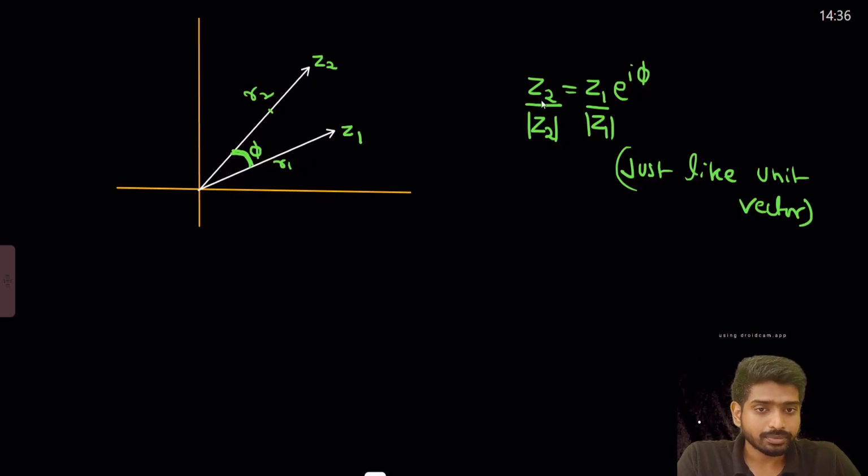Now we can do this, right? See, z1 upon the modulus of z1, into e to the power i phi, will give a unit vector along z2.